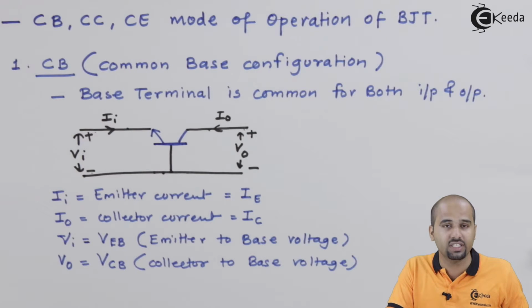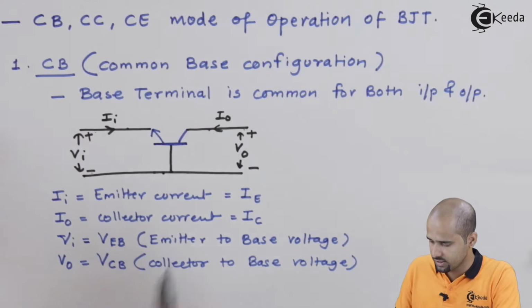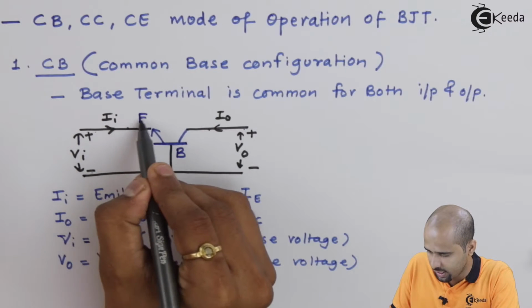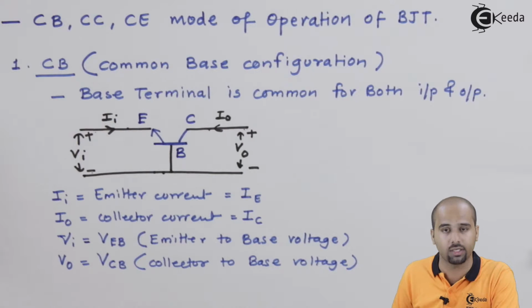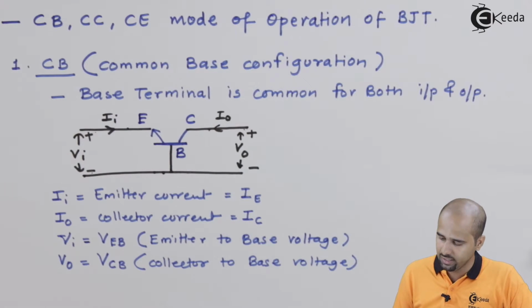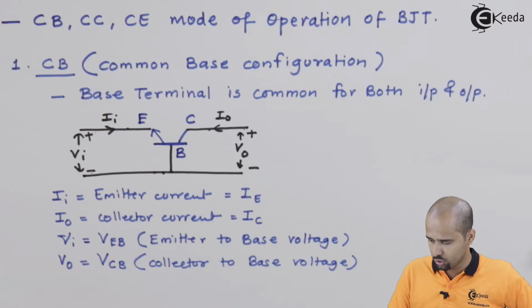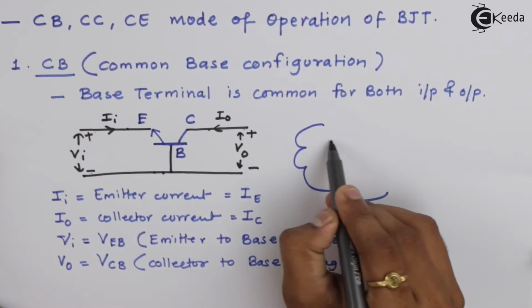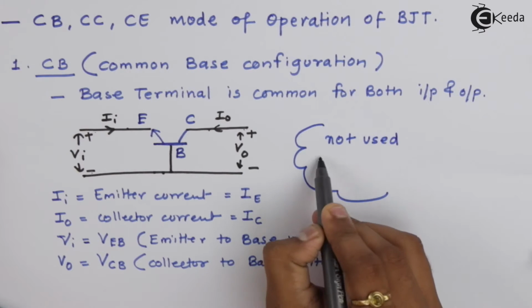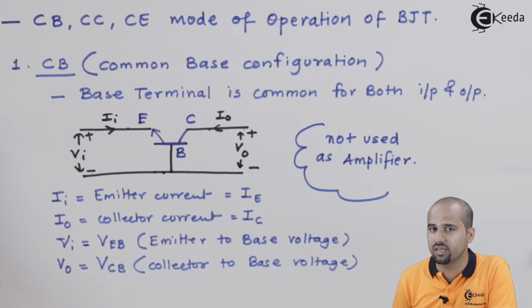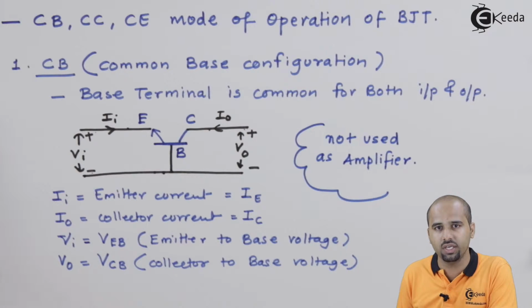Now we will name the terminals: this is the base, this is the emitter, this is the collector. So we have completed the CB configuration. This CB configuration is not generally used for amplifiers. Keep this in mind. We will learn a few characteristics of CB in the next slide.